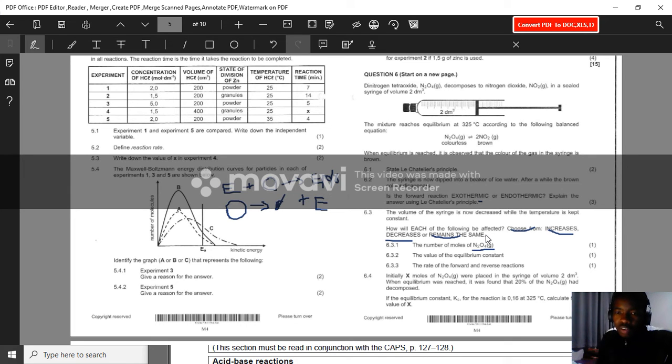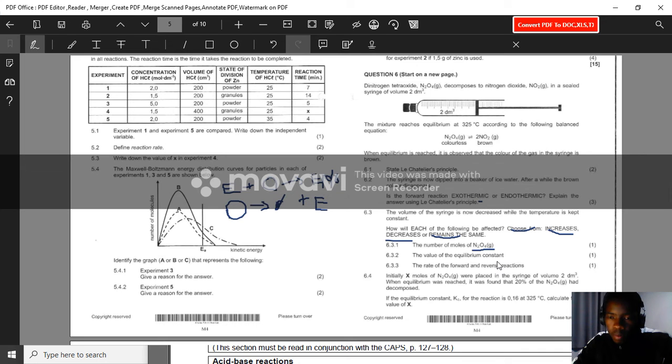It does not mean that you are decreasing the amount of it in that container. You are just changing the size at which this particular thing is contained. So the number of moles of this will remain the same.